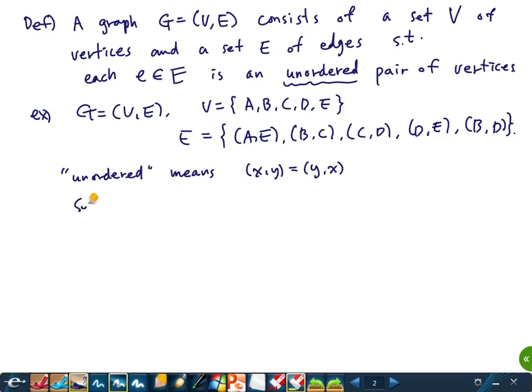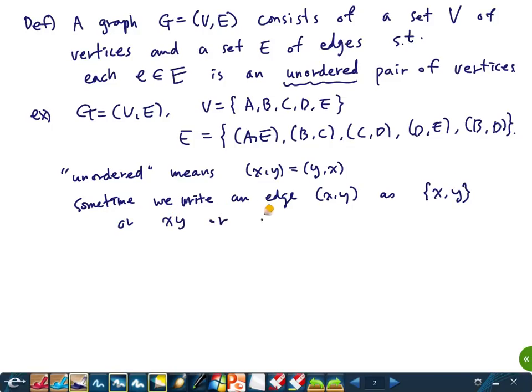So sometimes we write an edge like x comma y as a set of two elements, because in a set we don't really care about their order, or sometimes like xy, or sometimes like that.